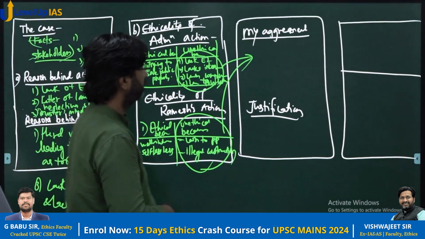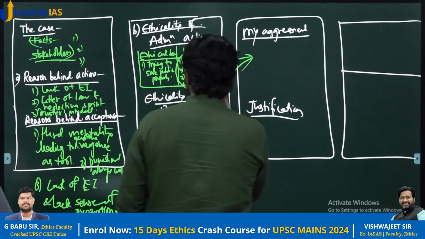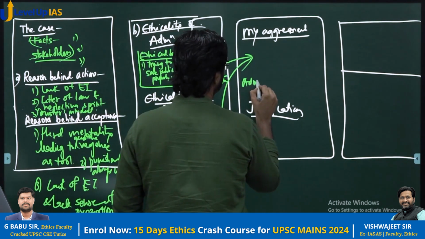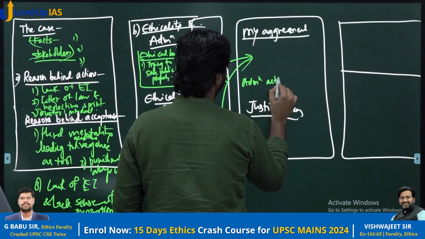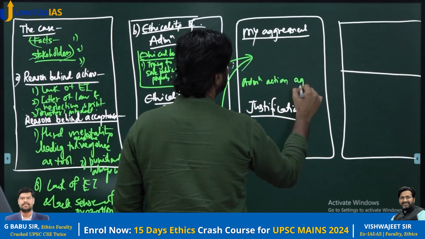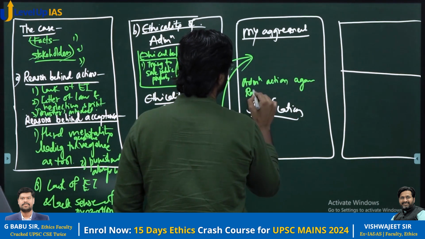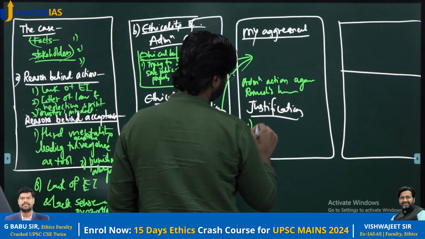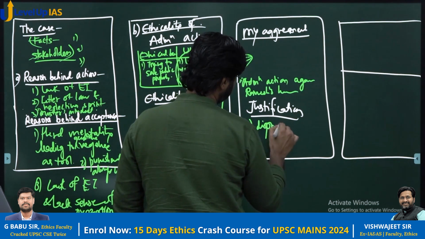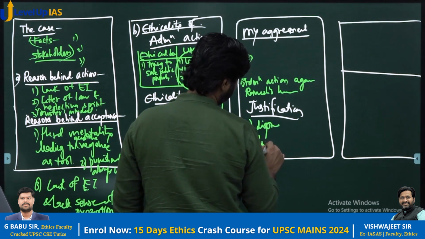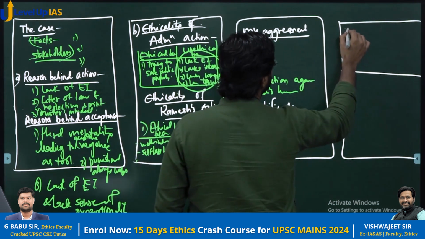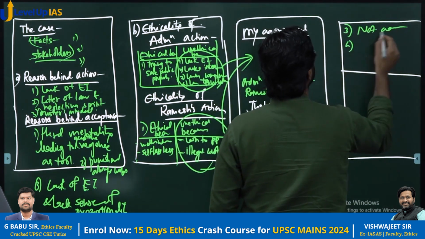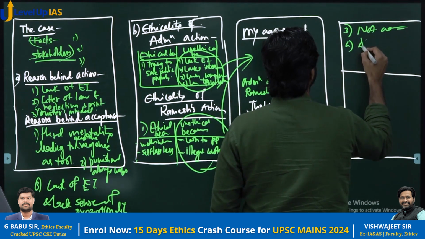But especially you do not agree to this administration's action against Ramesh or Ramesh's house. Why? Because this is disproportionate, family members are suffering. Third, it is not according to the procedure. Okay, violates compassion.